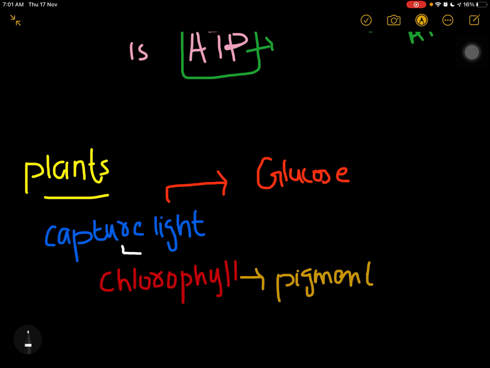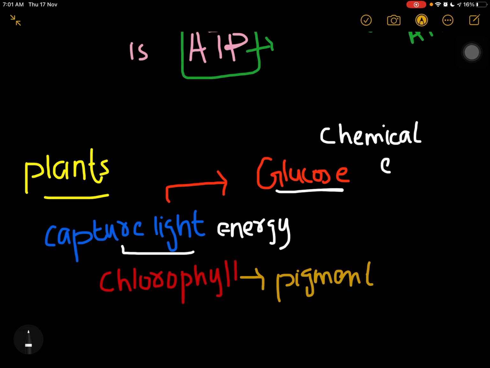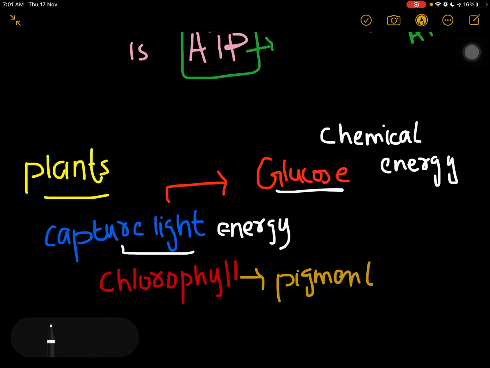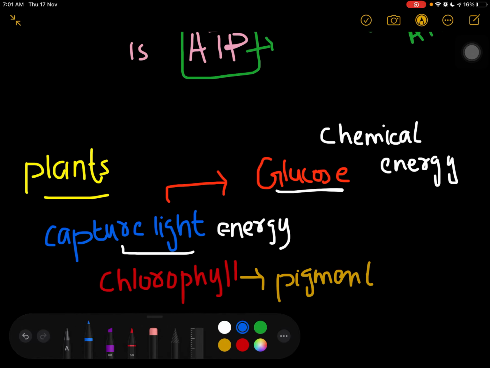They are converting this light energy into glucose. Glucose is a chemical, so they're converting the light energy into chemical energy.